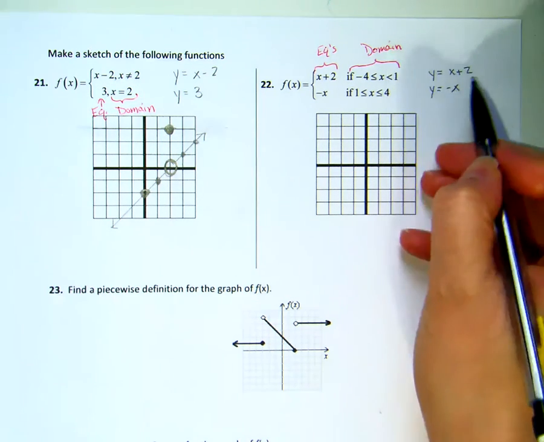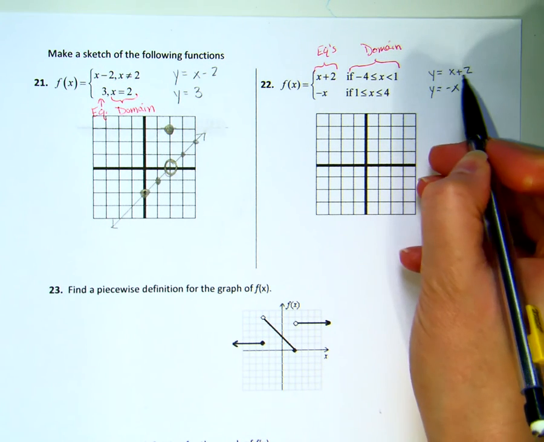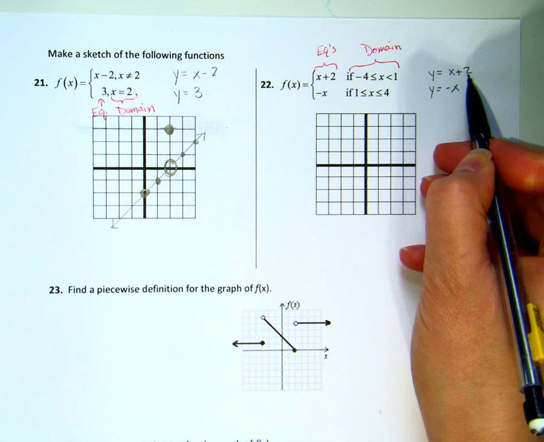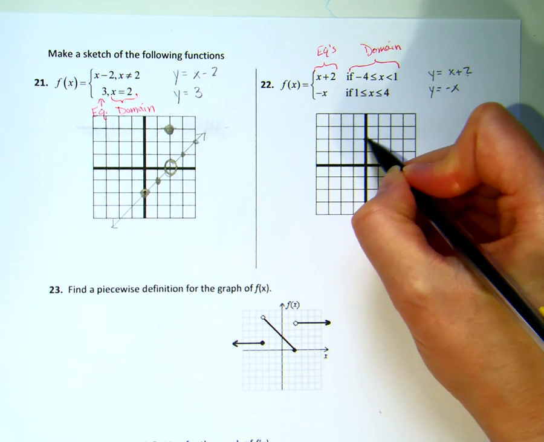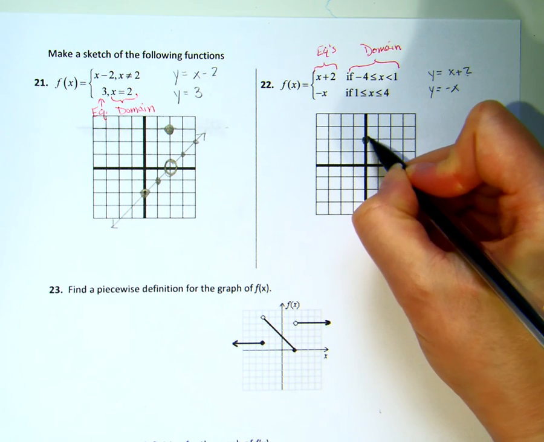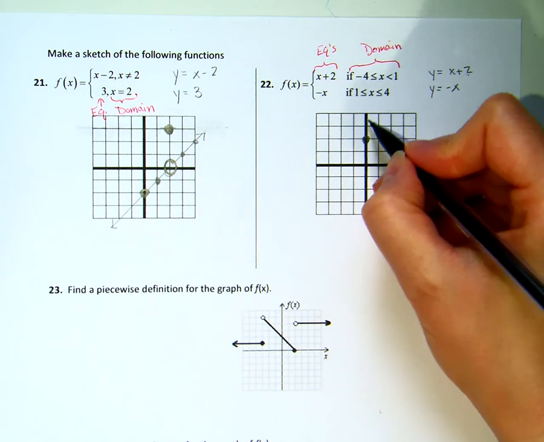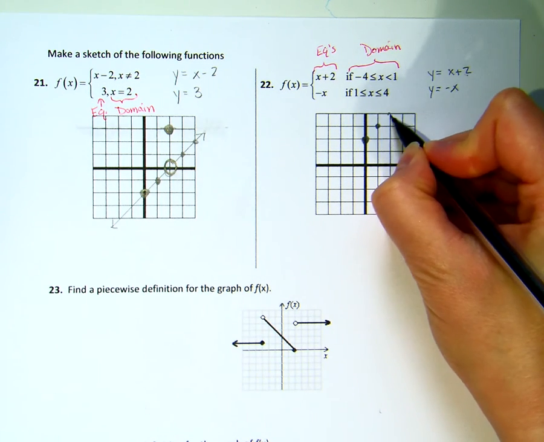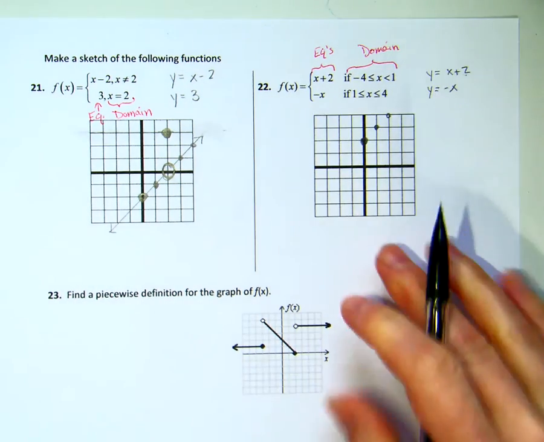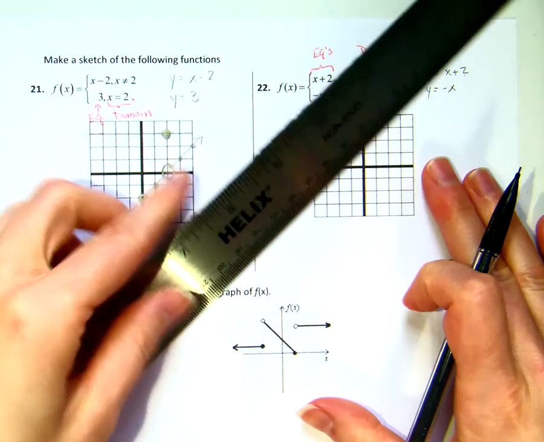So graphing the first one, y equals x plus 2. My y-intercept is plus 2, so I'll put a closed circle up 2 places. And my slope is, once again, 1, so I'm going to go up 1, over 1, up 1, over 1. And I'm going to connect all of those dots.